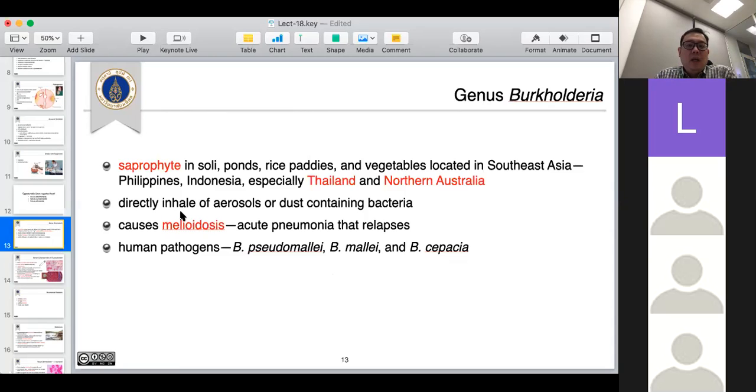They cause a disease called melioidosis. Actually, it is acute pneumonia. And then they can be latent in your body. When the disease is gone, you recover, and then the disease comes back again, we call it relapse. Okay.